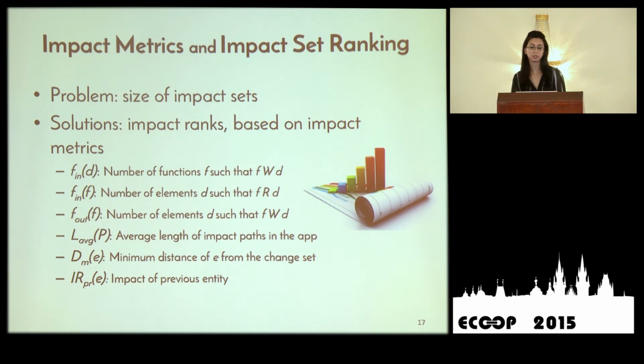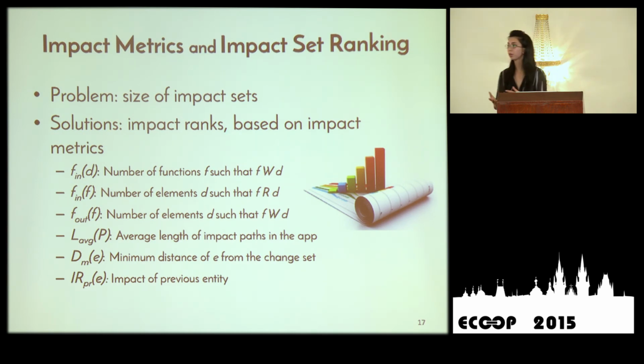The first one is the distance, the minimum distance of the investigated element from the change set, because we thought the closer the entity is to the change set, the more important it is to the developer. If they're changing an area, then they will care more about the closer entities to that area. And we also made this a recursive function.